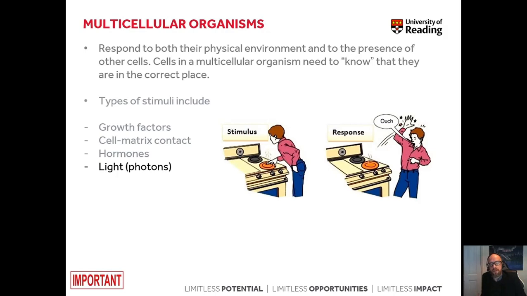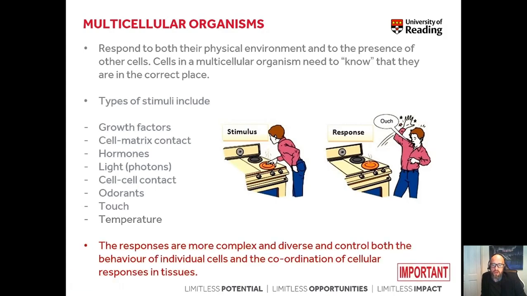So, for example, certain cells in our eye are able to react to the presence of photons with certain biochemical reactions. Our cells can also react to cell-to-cell contacts, odorants, and this is quite important for our sense of smell, and also to touch. Our cells are able to react to pressure and also surface topology. Lastly, some of our cells are able to react to temperature. They can adapt if the temperature drops or increases.